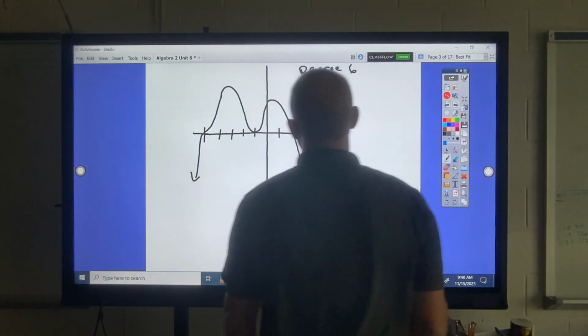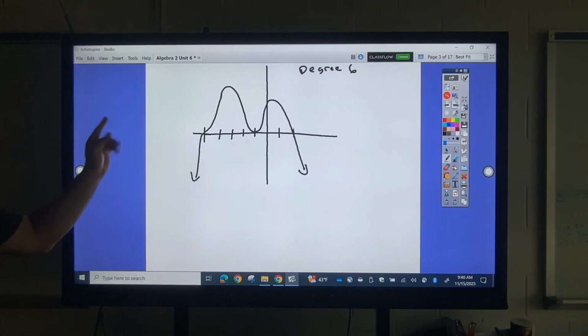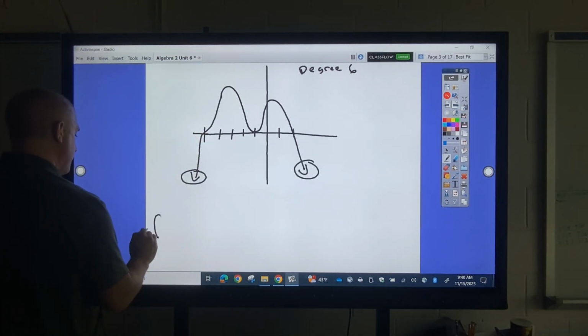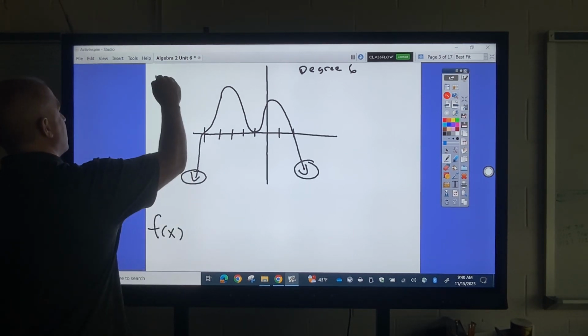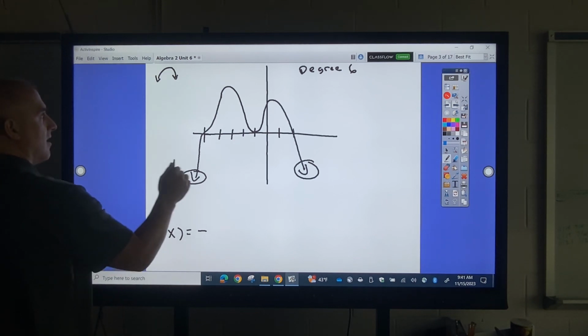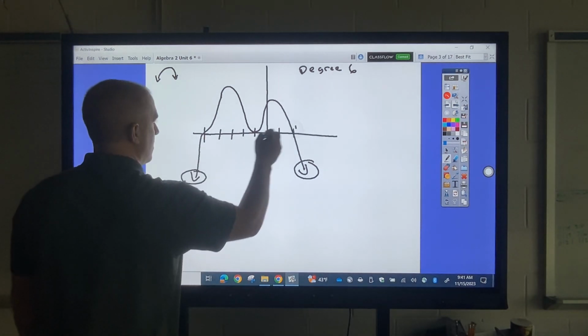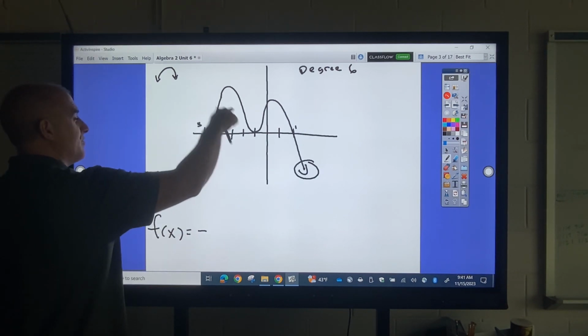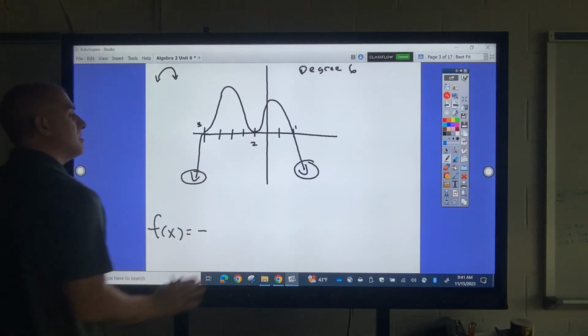All right, so let's look at this one. Degree 6. Now look at these arrows. That is going to be an even negative, so I have to put that negative in there. It's going to count for 1. Let's say this counts for 3 because it curves through. So that's got to count for 2 at the most.